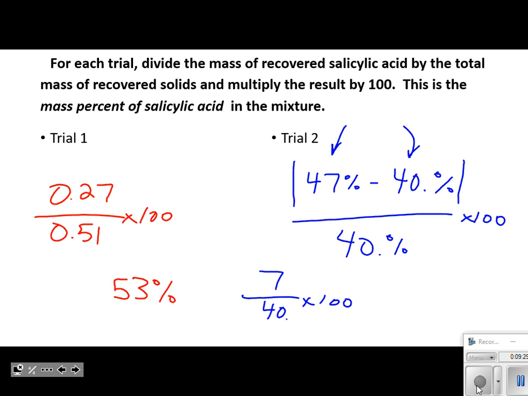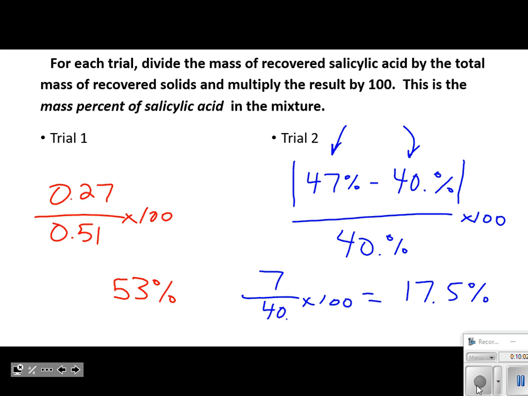So you see how many sig figs I'm going to have here? I've just changed that to 1 sig fig based on my data. So I take that 7, I divide it by 40, multiply by 100, and I get a value of 17.5. And that's going to be percent. 17.5%. But that's too many sig figs, isn't it? What did we just say how many sig figs we could have, Cody? 1, right?